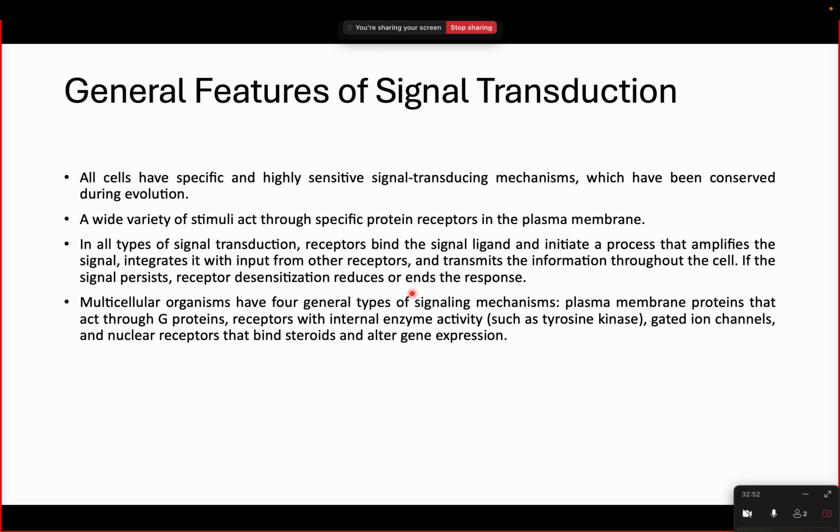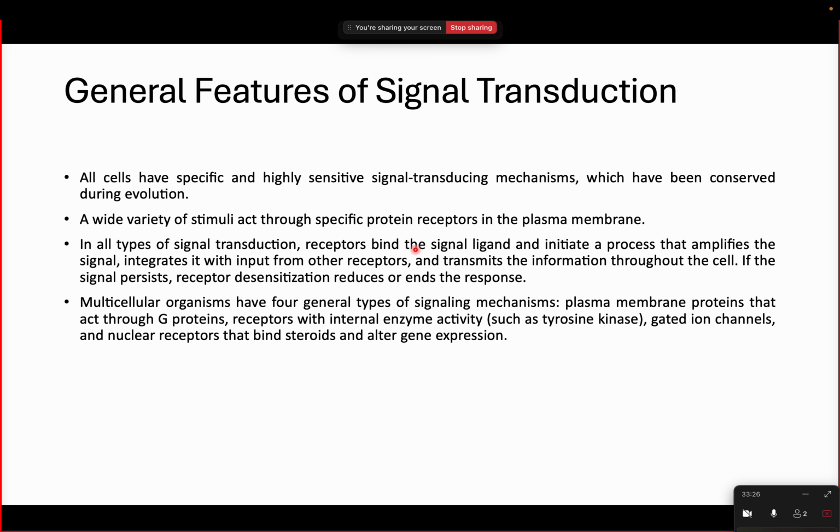In all types of signal transduction, receptors bind the signal ligand and initiate a process that amplifies the signal, integrates it with input from other receptors, and transmits the information throughout the cell. If the signal persists, receptor desensitization reduces or ends the response. So we'll break down this statement, because this is basically telling us the whole signal transduction phenomenon in 3 lines.